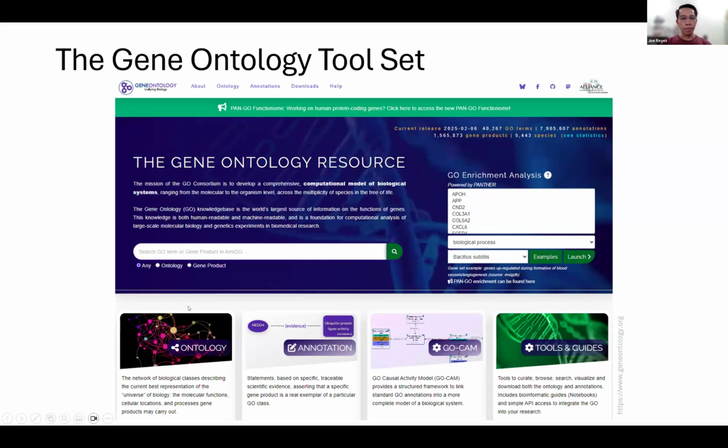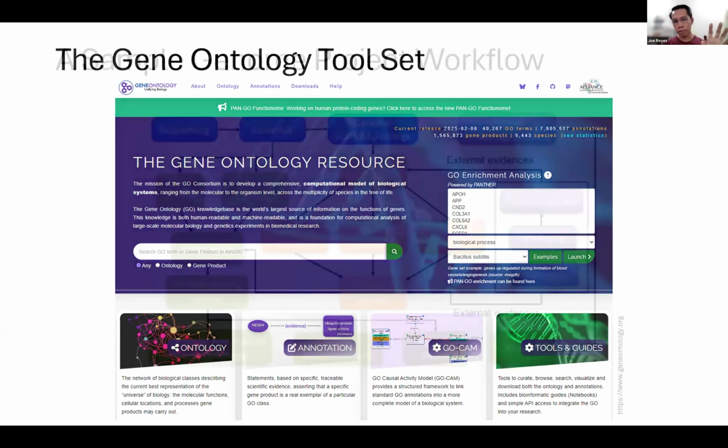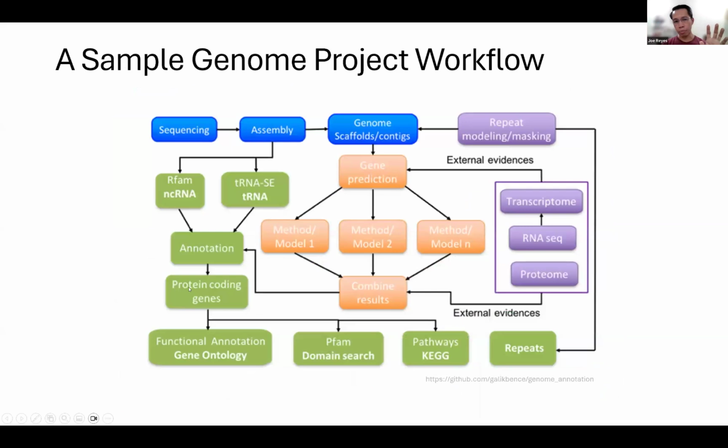So it's basically the ontology itself, which is the corpus, the body of the set of definitions, the set of vocabularies that are there. It's just the vocabularies and the relationships among the terms. And then we have an annotation part wherein we have your sets of sequences, protein coding genes.